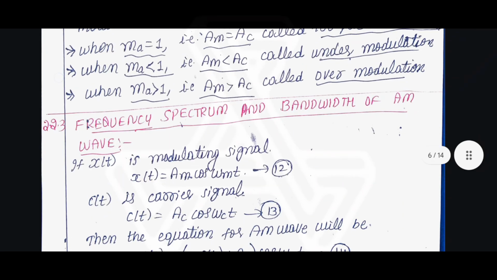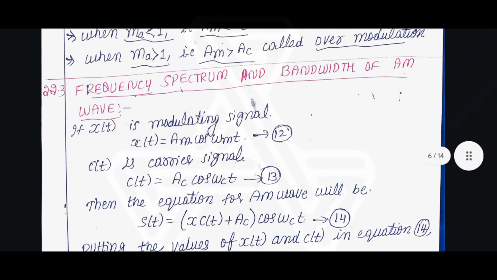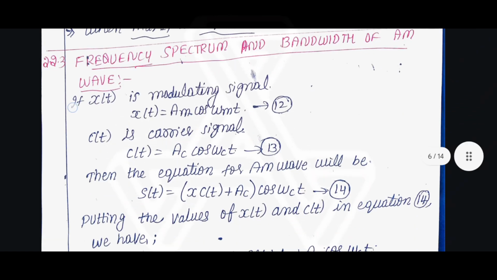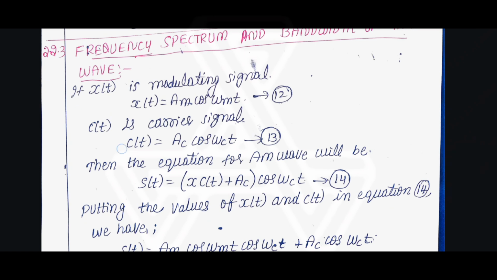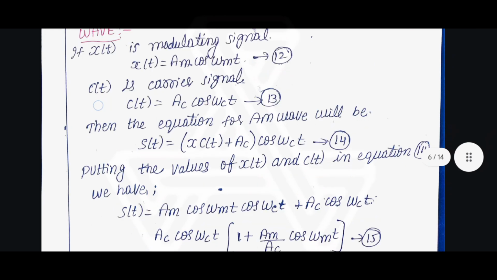Frequency spectrum and bandwidth of AM wave. If x of t is the modulating signal, x of t is equal to Am cos omega mt, and c of t is the carrier signal, c of t is equal to Ac cos omega ct, then the equation for the AM wave will be s of t is equal to x of t plus Ac into cos omega ct.